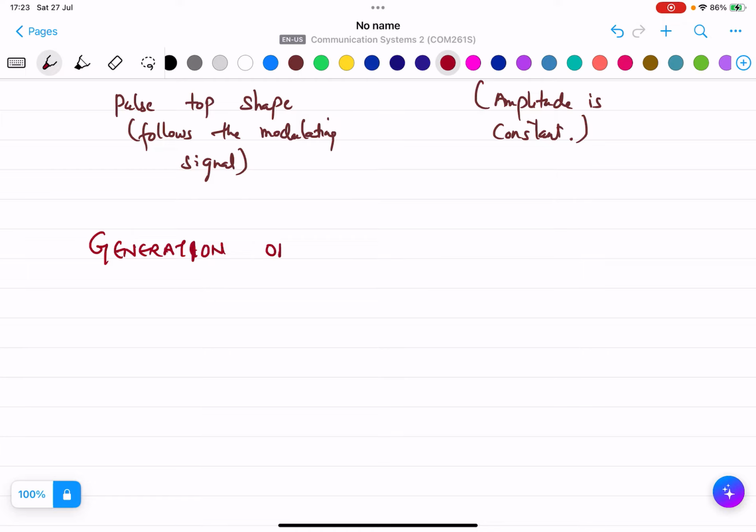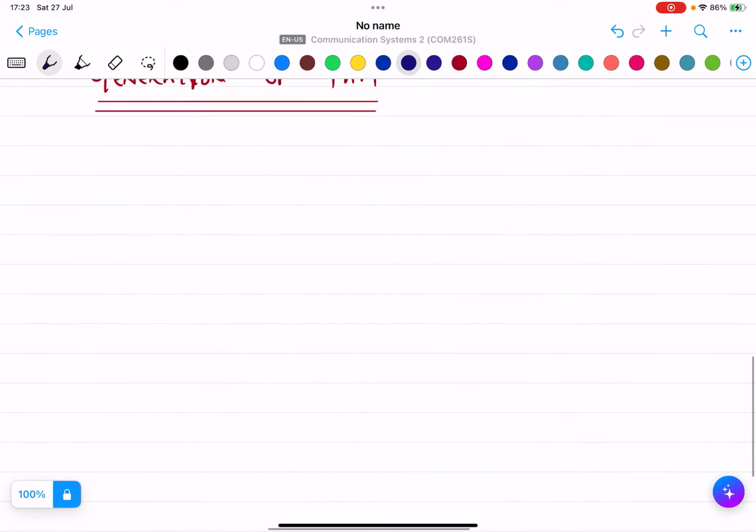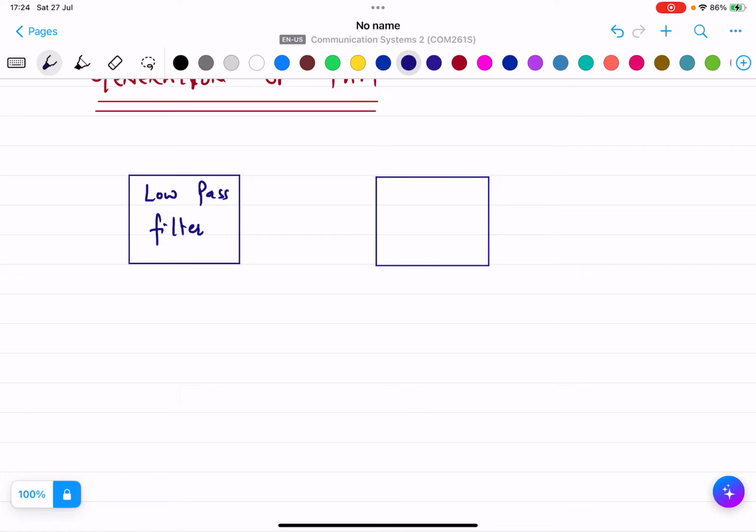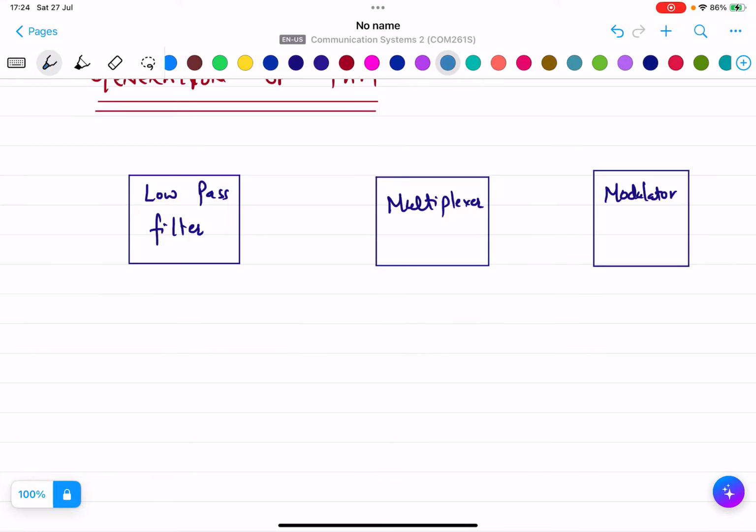For generation of PAM, the first block is a low pass filter, the second block is a multiplexer, and the third block is a modulator.